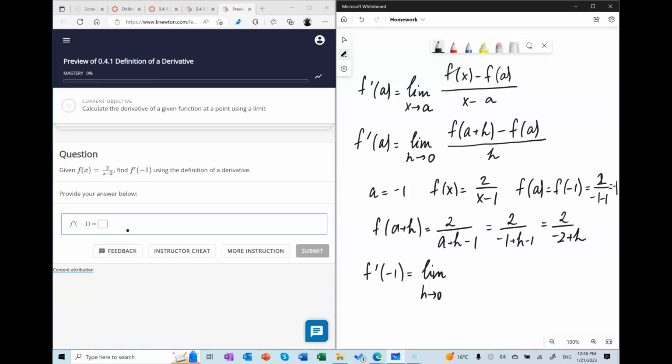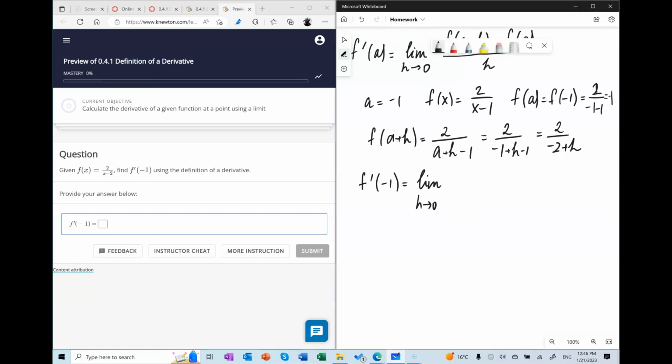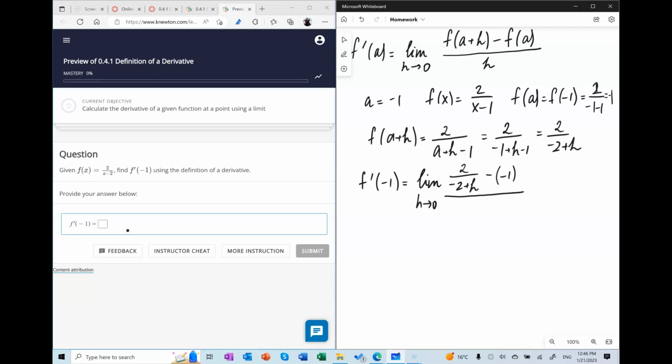Now we're setting up this limit as the limit of f of a plus h, so it's 2 over -2 plus h, minus f of a, which is -1, and we divide all that by h. Now here you have to make a decision, because now it's just a limit problem.